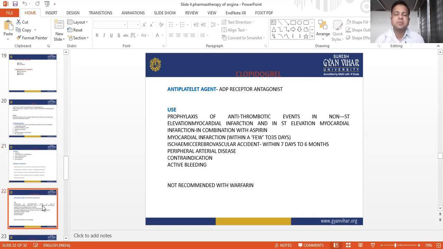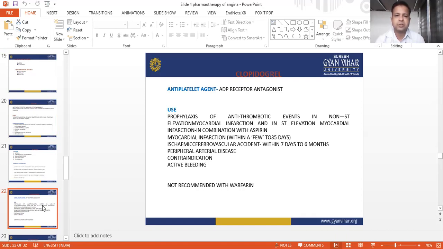Clopidogrel, antiplatelet agent, ADP receptor antagonist. Uses: prophylaxis of antithrombotic events in non-ST elevation myocardial infarction and in ST elevation myocardial infarction in combination with aspirin.